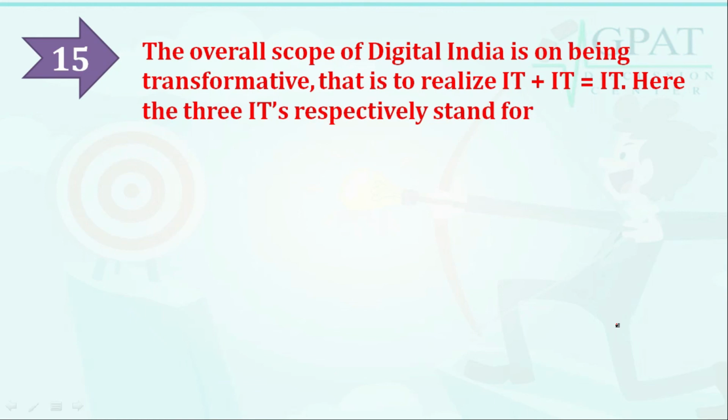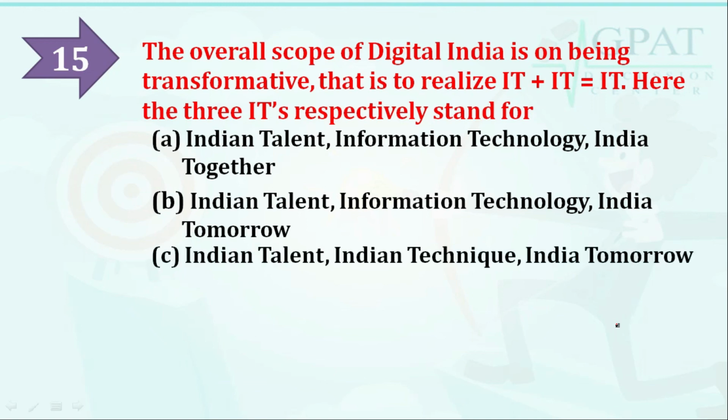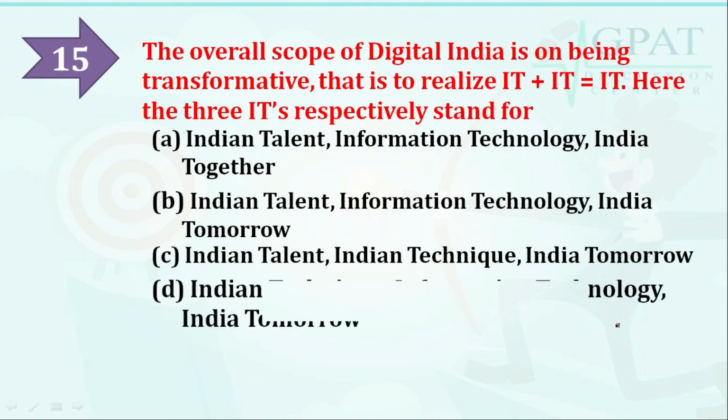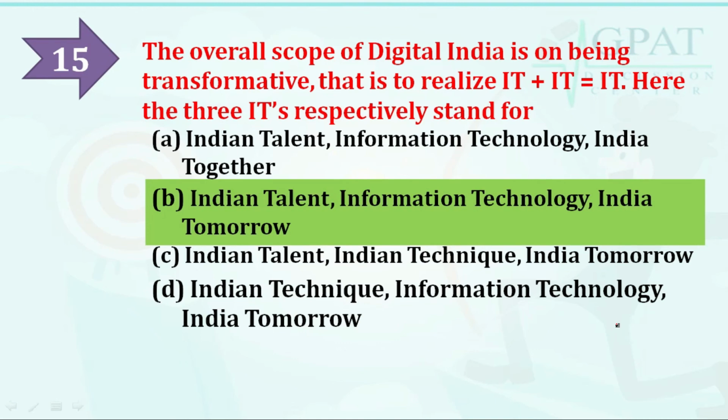Here the three ITs respectively stand for option A, Indian Talent Information Technology India Together, option B, Indian Talent Information Technology India Tomorrow, option C, Indian Talent Indian Technique India Tomorrow, option D, Indian Technique Information Technology and India Tomorrow. So which will be the correct answer? The three ITs denote Indian Talent Information Technology India Tomorrow. So it's all about this question.